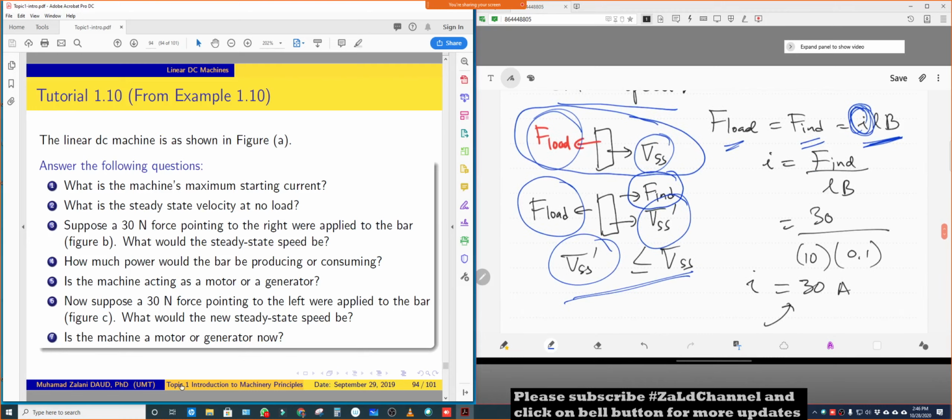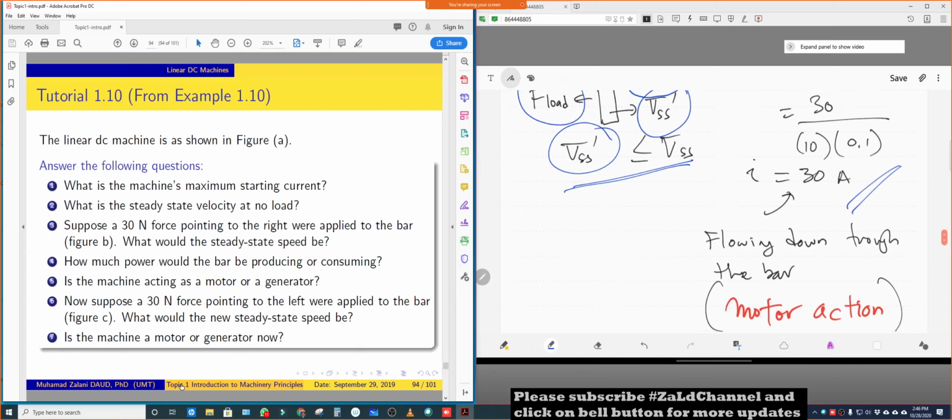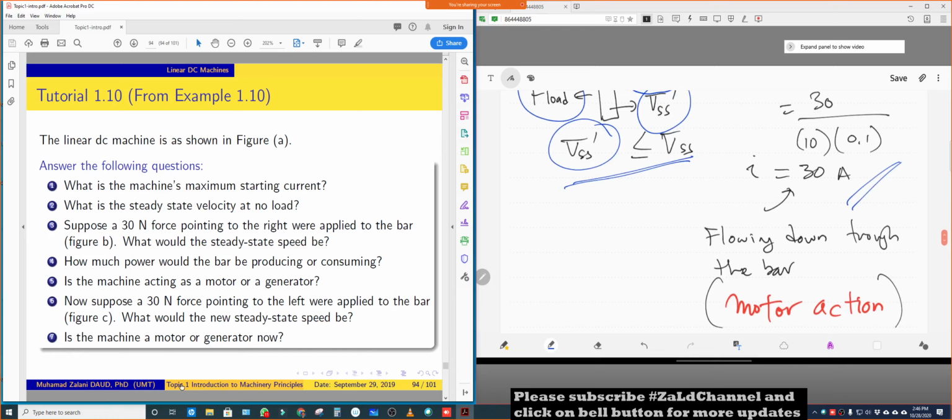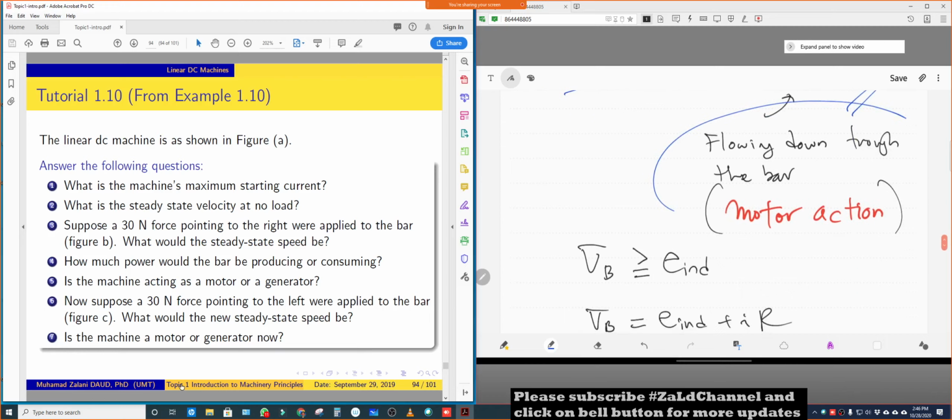The new current is found using I equals F induced divided by LB. So I equals 30 amperes. This current is now flowing down through the bar, which means the machine is now working as a motor.